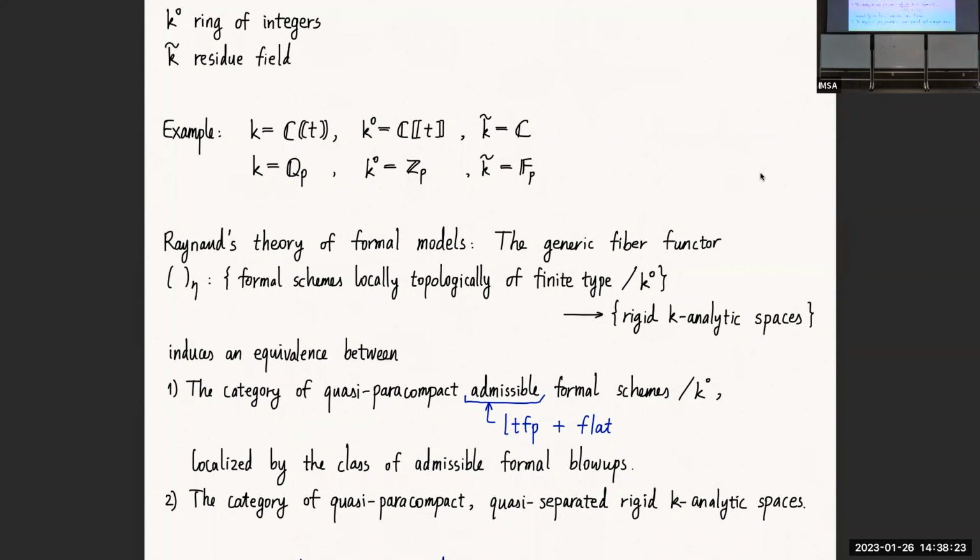Locally topologically of finite type just means that locally you can write it as rings that are generated topologically by finitely many generators, and that's all.